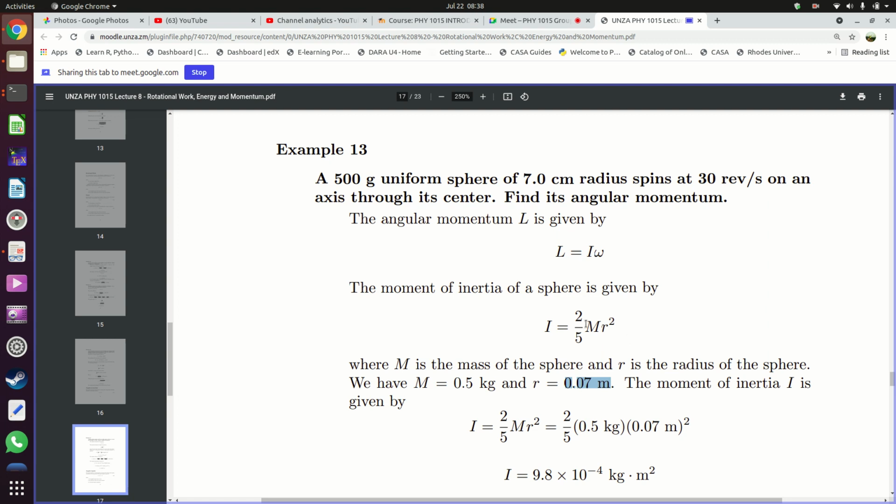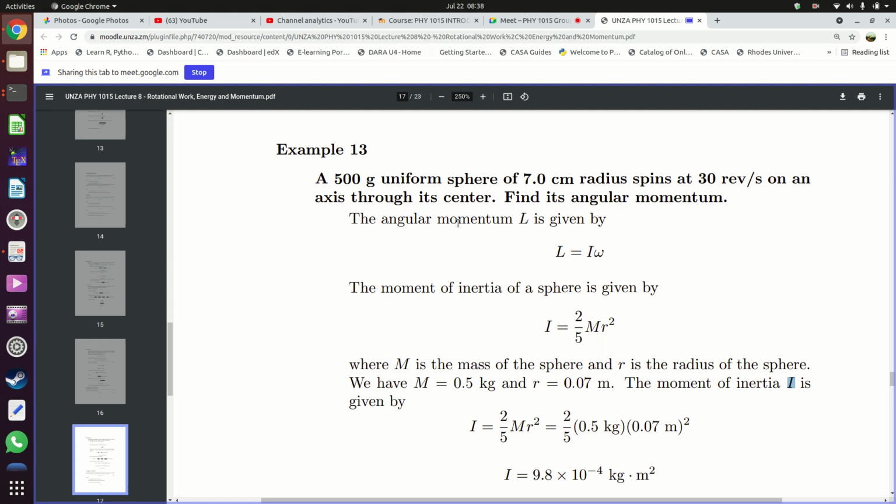Remember what moment of inertia is. Moment of inertia is the rotational inertia, the resistance which a mass offers when you try to spin it. That moment of inertia, denoted I, depends on the shape of the object.